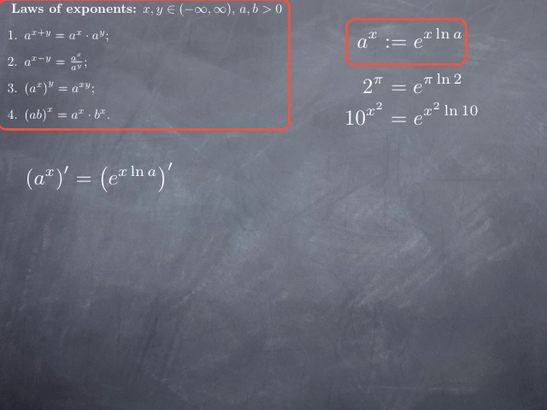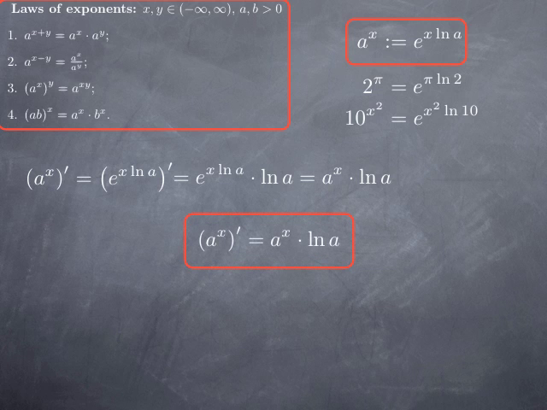So we use the chain rule. We get the same exponential multiplied by the derivative of the function inside. So again, e to the x ln of a, and then we multiply by the derivative of x times ln of a, and that gives us just ln of a. The first term, the exponential, is really just another way of writing a to the x. So what we get is a to the x multiplied by ln of a.